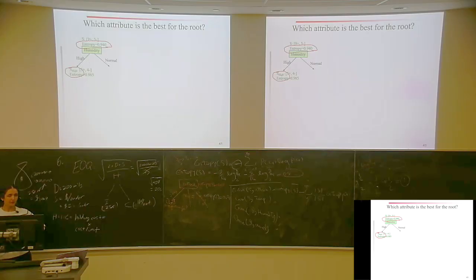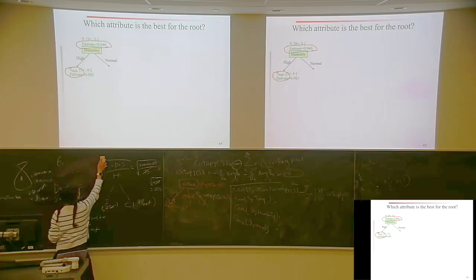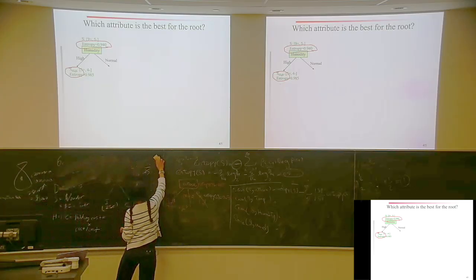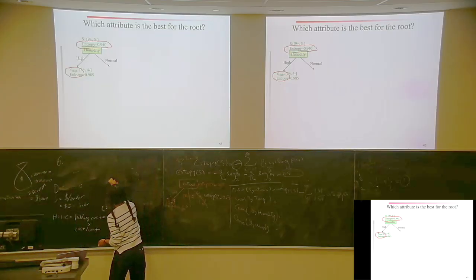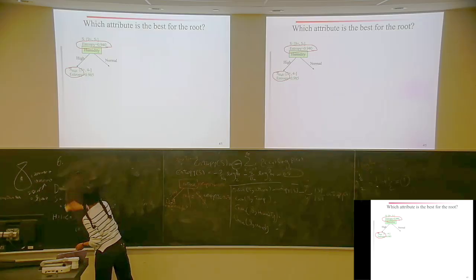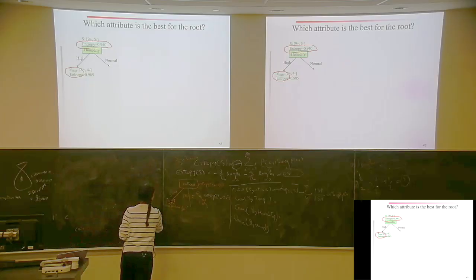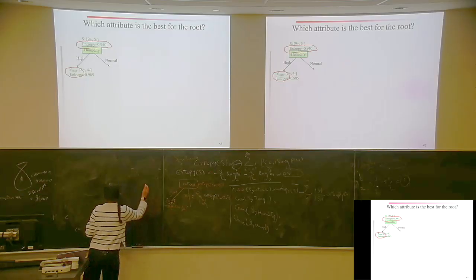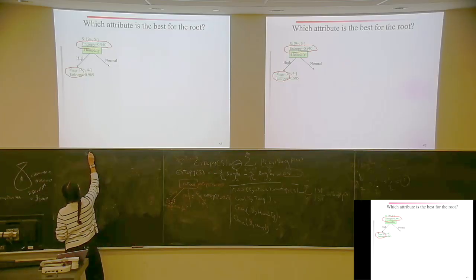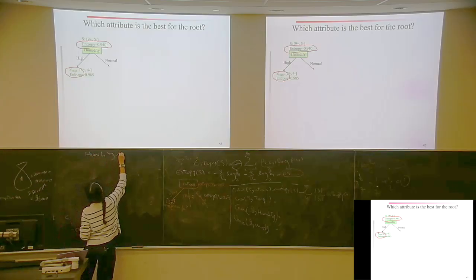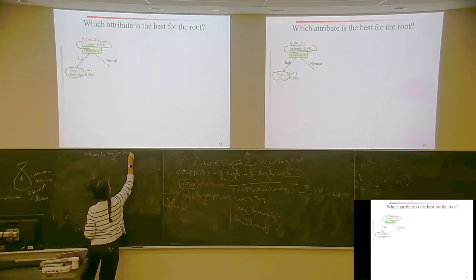How did we calculate entropy? How did I reach that number? So for temperature, this is for humidity, which could be high or normal.